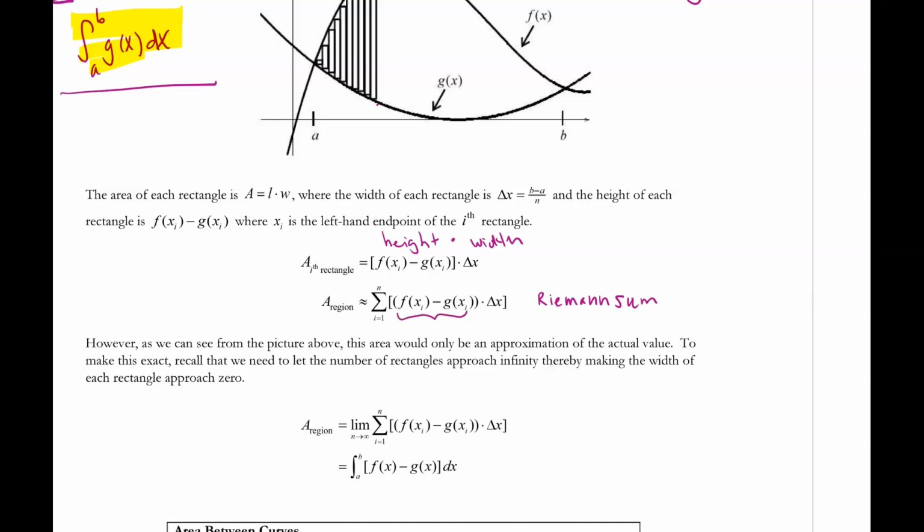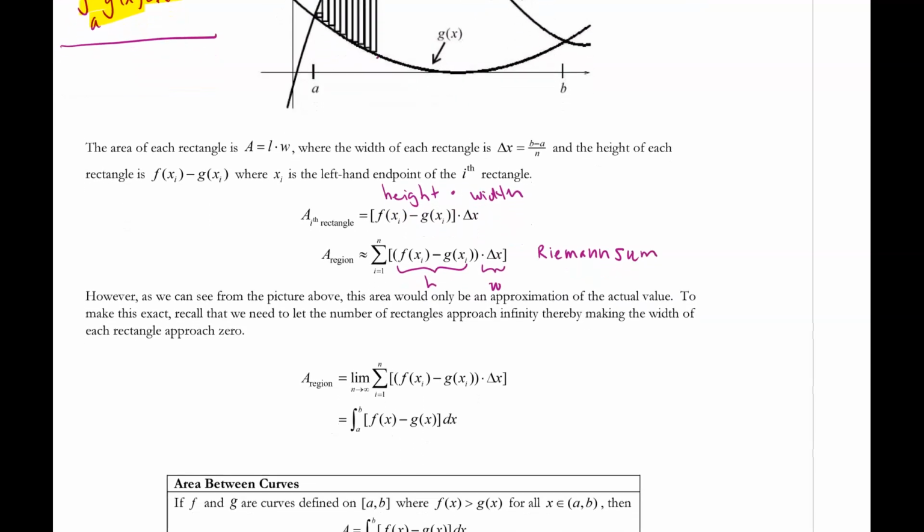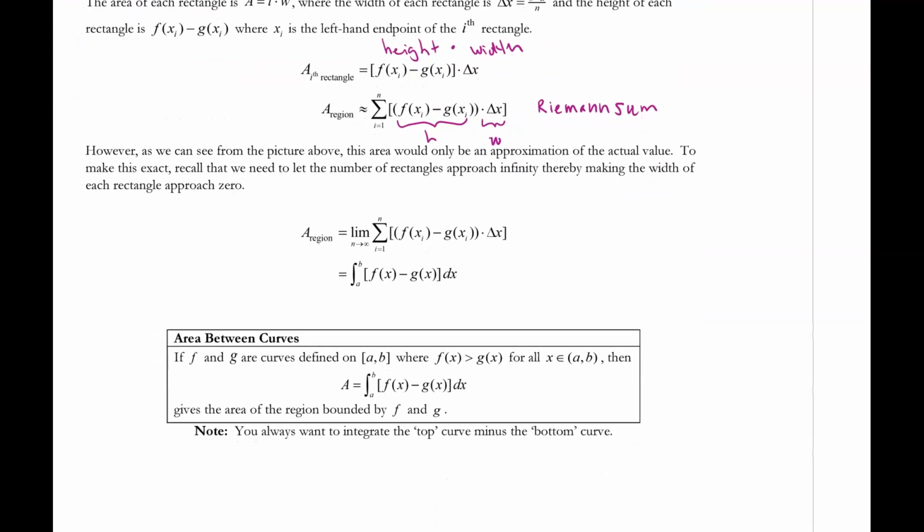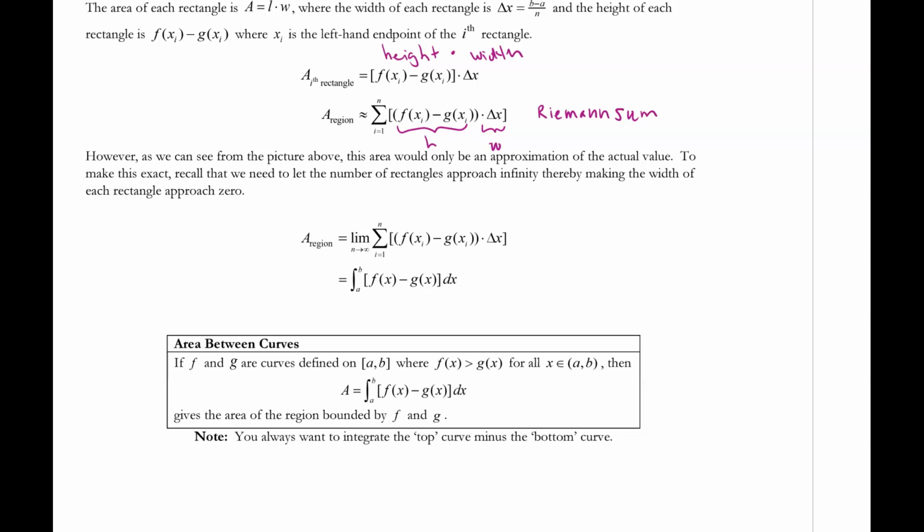Their height is f minus g, and their width is delta x. Again, that's just an approximation. The thing that makes it calculus is now applying this limit, which gives us infinite rectangles that are infinitely narrow.